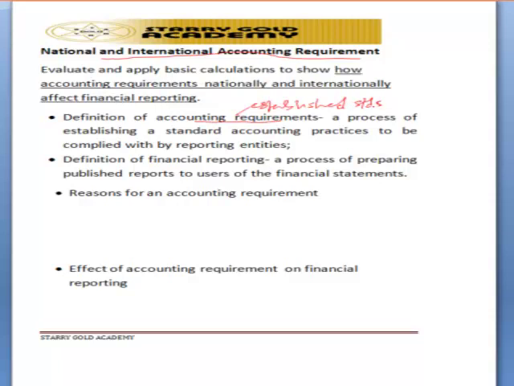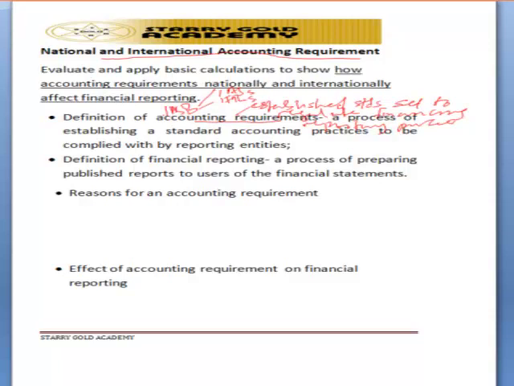Established standards set to regulate financial reporting processes of an entity. These accounting requirements, like we learned from our introduction, are standards that the IASB set, we have what we call IASs and IFRS.